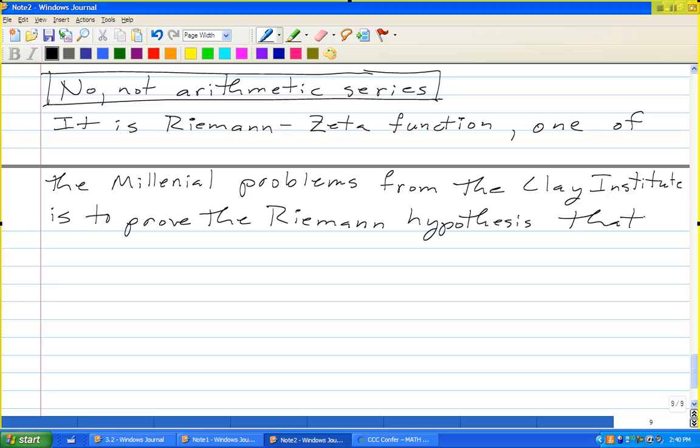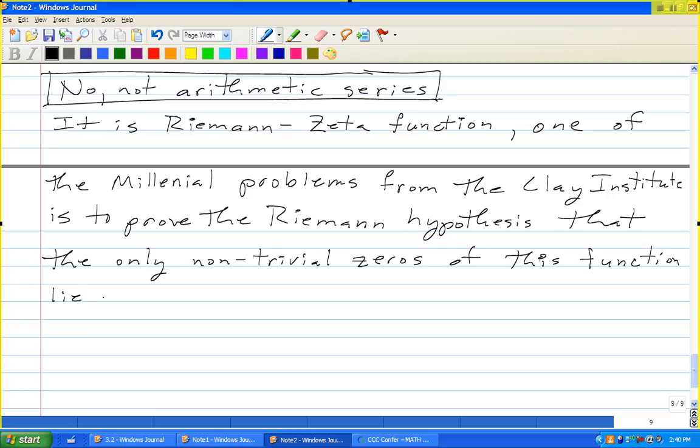That the only non-trivial zeros of this function lie on a line, where the real part of those roots is negative 1/2.